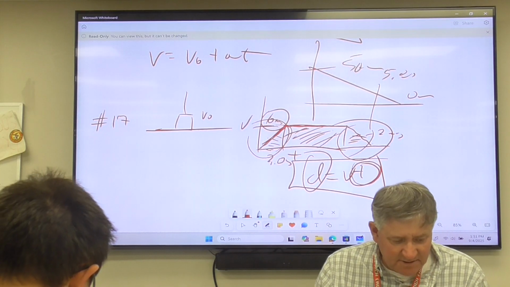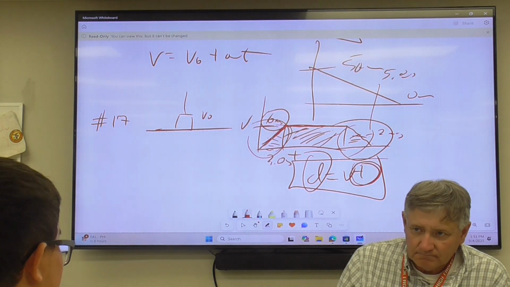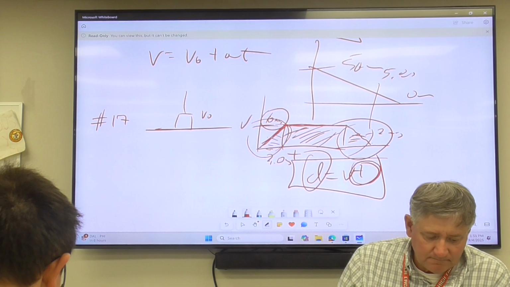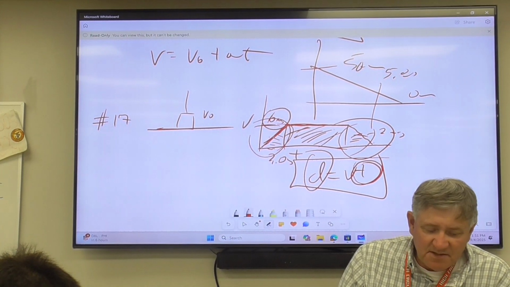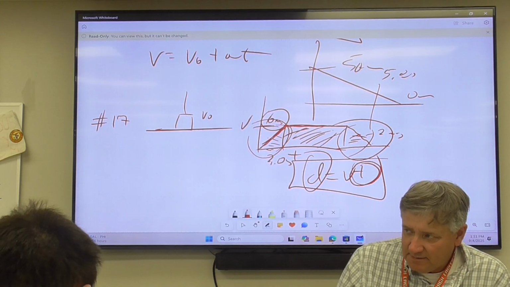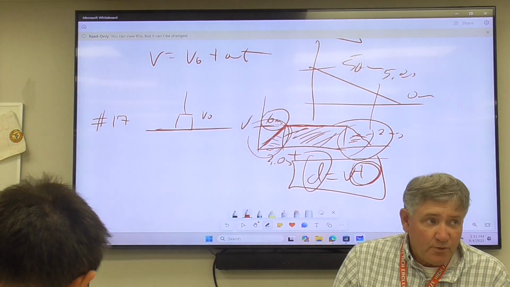The landing acceleration should be in the mid-20s. Is the launch in the mid-30s? Okay. The landing is in the mid-20s. Okay? Any other questions?